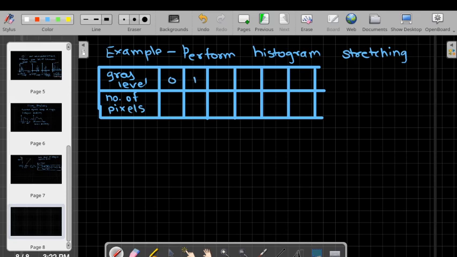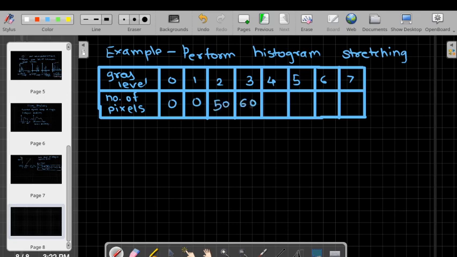Gray levels 0, 1, 2, 3, 4, 5, 6 and 7, and the number of pixels are 0, 0, 50, 60, 50, 20, 10 and 0. First of all we'll draw the original histogram.